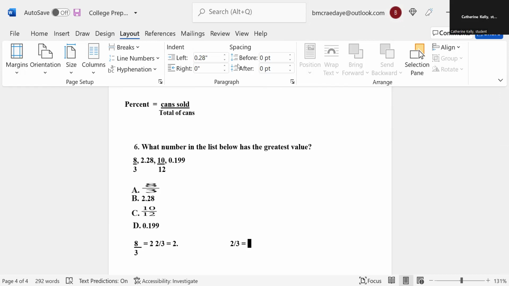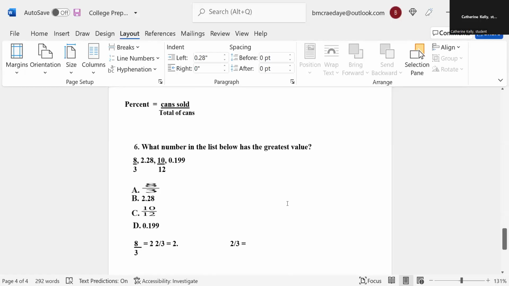Let me see if I can go to a whiteboard. The whiteboard wasn't working before. Okay, let me see if I can do this like this.